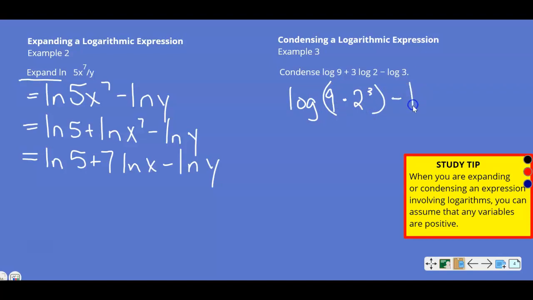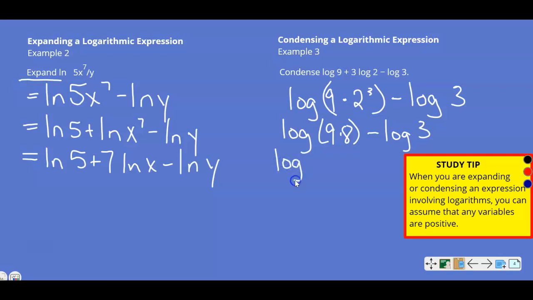Let's bring it down just like it is for now. Now we're going to evaluate. 2 to the 3rd power is 8. So we've got log of 9 times 8 minus log of 3. And then 9 times 8 is 72. So we're going to have log of 72.